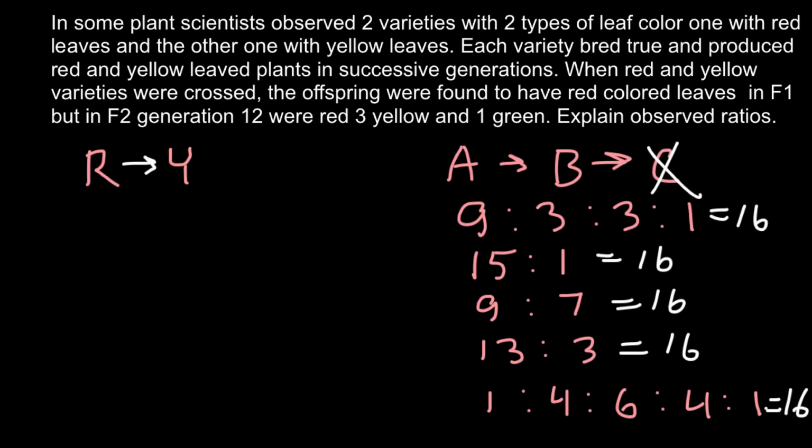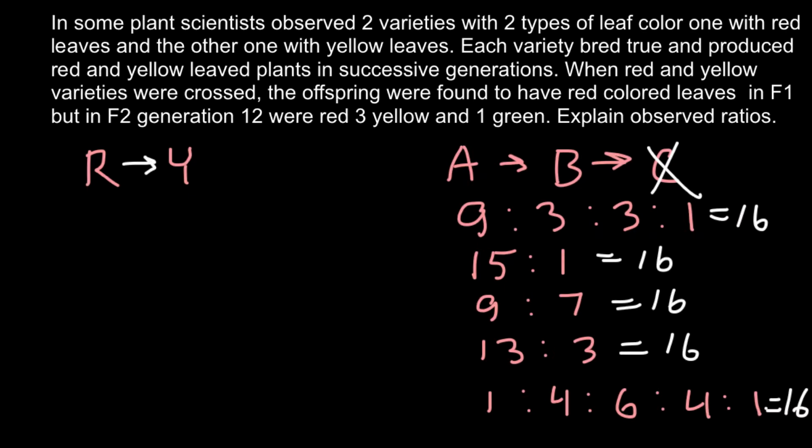And if we would do the same with the yellow variety, if we self-cross it, self-pollinate, all the following generations also would breed true and would have yellow leaves. So no variation in color would be seen in the following generation. This is what we call pure line or bred true.